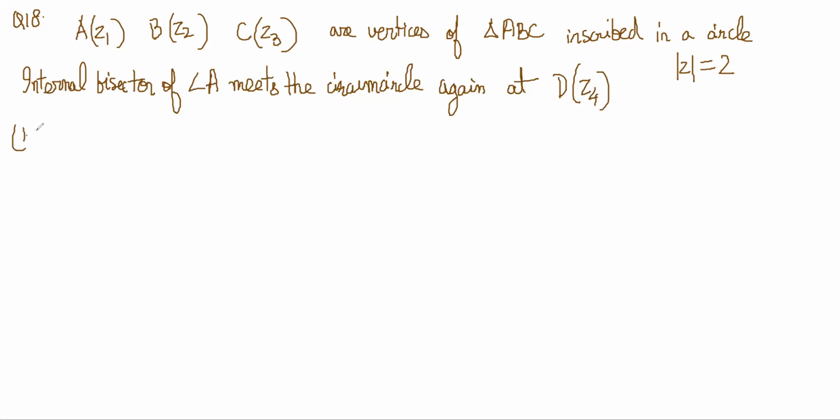Find D in terms of A, B, C, Z1, Z2, Z3. Second part is, find the value of argument of Z4 by Z2 minus Z3.